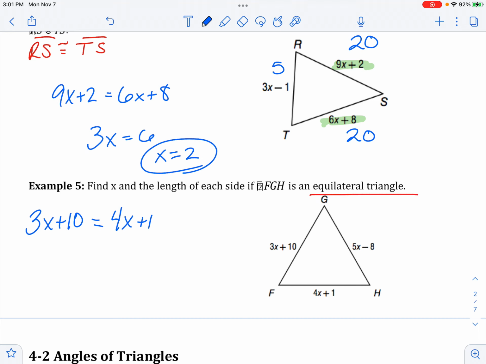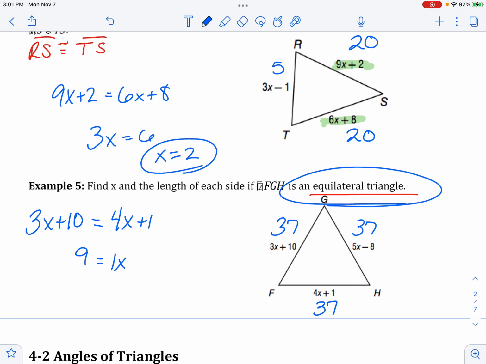And here you should get, if you subtract the 3x, you'd get 1x equals 9, or x equals 9. So this would be 37. This should be 37, and 36 plus 1 is 37. Now, why in the world do I get 37 for all three? That should happen because I have an equilateral triangle.